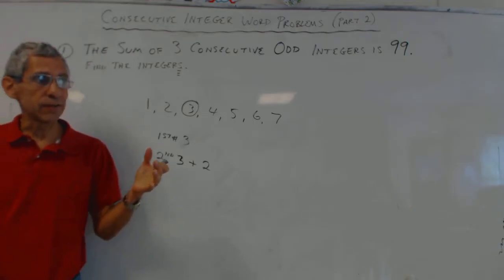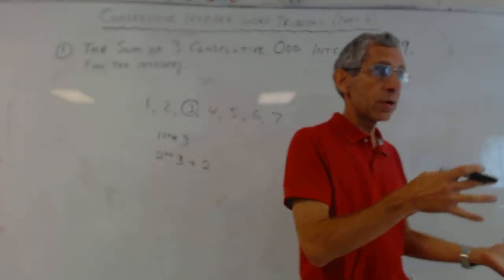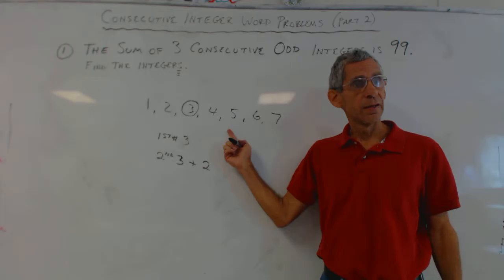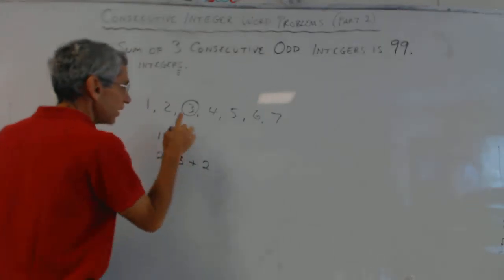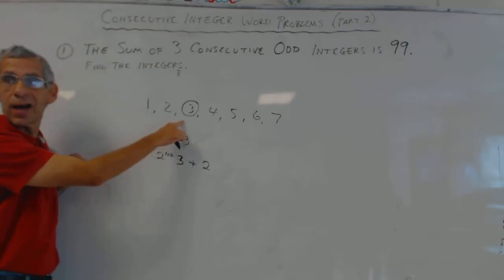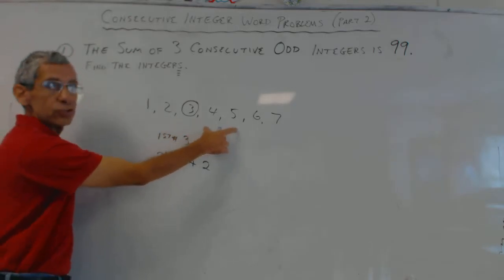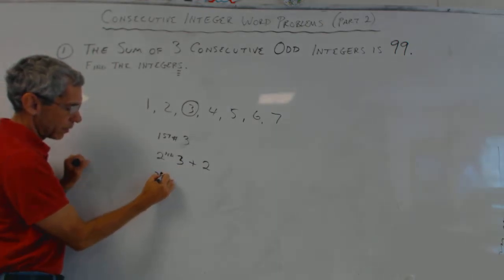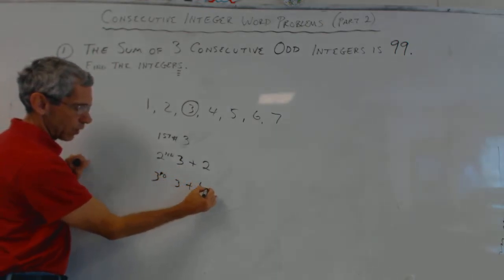No matter whether they're asking for consecutive even or consecutive odd, you're still 2 away from the next one. It's the x that's going to be odd, not the plus 2. So 3 plus 2, and the third number would be 3 plus 4, right?